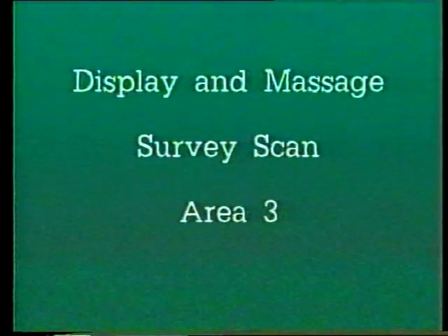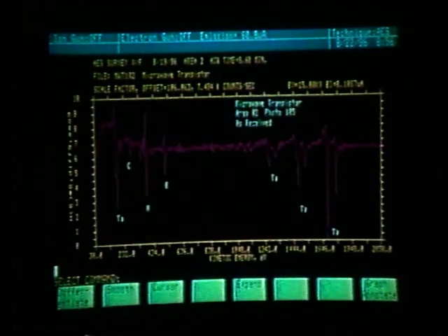Let's now display and massage area number 3. Once again, we will hold the shift key and press function key 15, which allows us to re-enter our survey display mode. First, let's clear the graph so it will be easier for us to see.